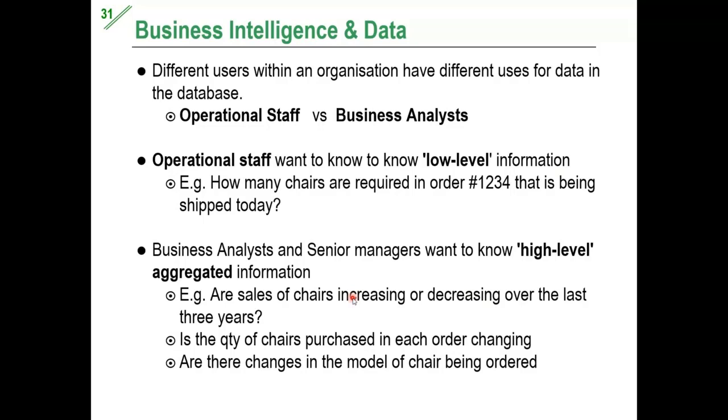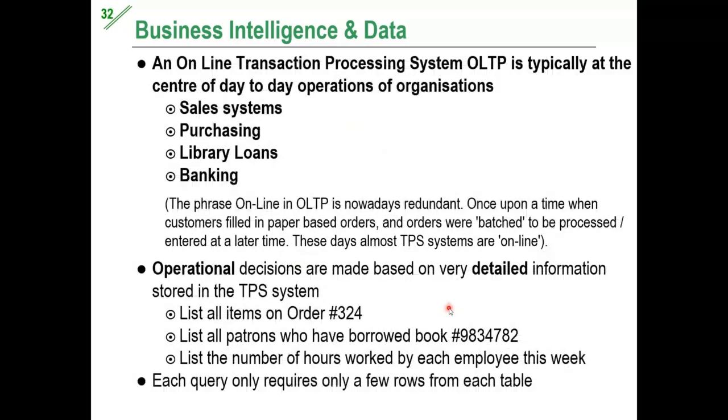You can see different people require different types of information. So how can we cater for this? How can we design the databases for these circumstances? You can see the competing demands, isn't it? A more granular level of detail for some people and more aggregated information for other people, right?